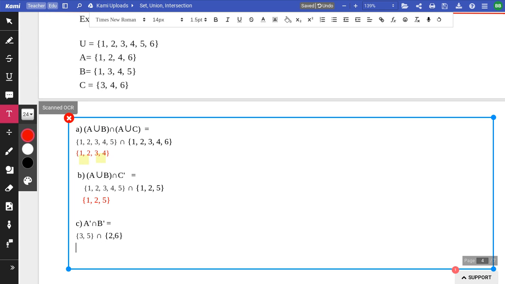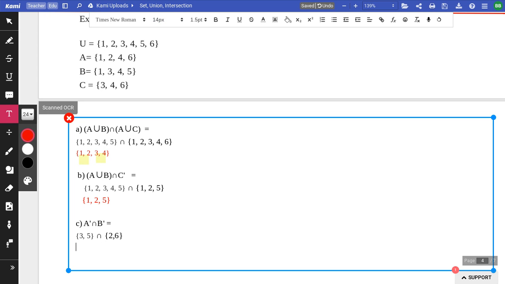Nothing is similar here. Therefore, it's an empty set. Empty set means nothing's in common. So the answer here, this is the answer for this one. And then empty set is for C.